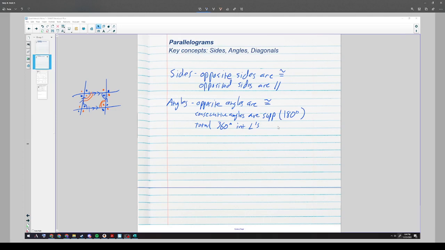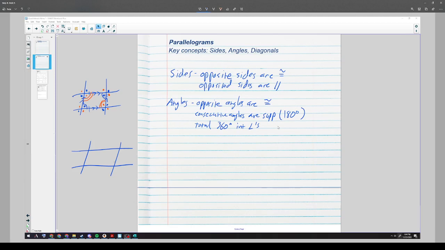Okay, so that's properties of sides and angles, but there's one other important thing we can do here. So I'm going to do my best to draw this one well, because I want it to be kind of accurate. That's not terrible. Okay, so what we're going to do in some of these shapes, or all of these shapes, is take a look at their diagonals as well.